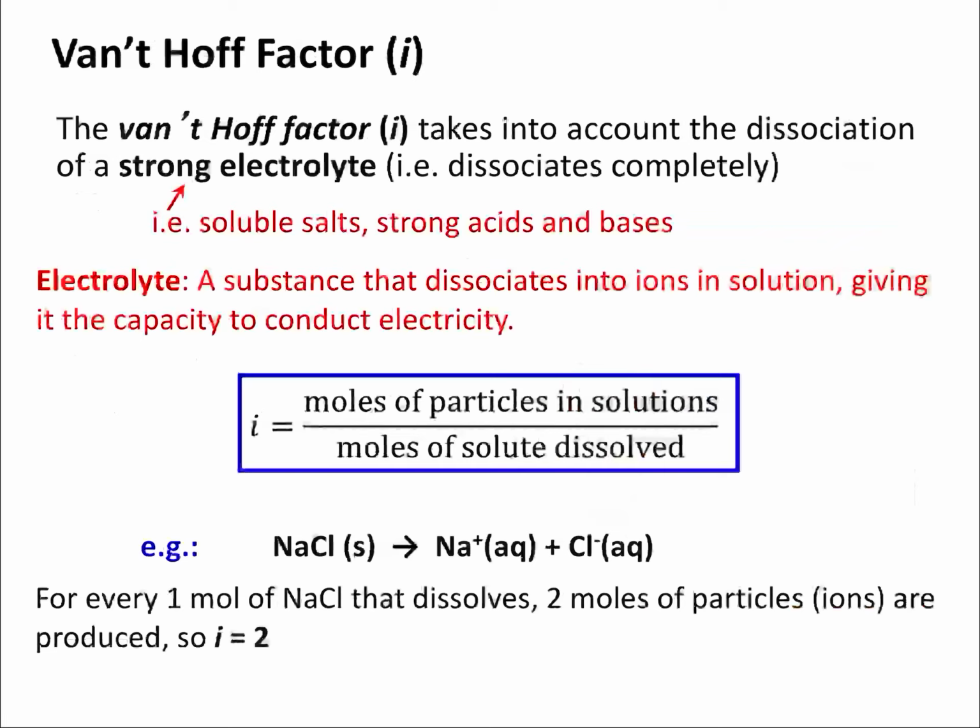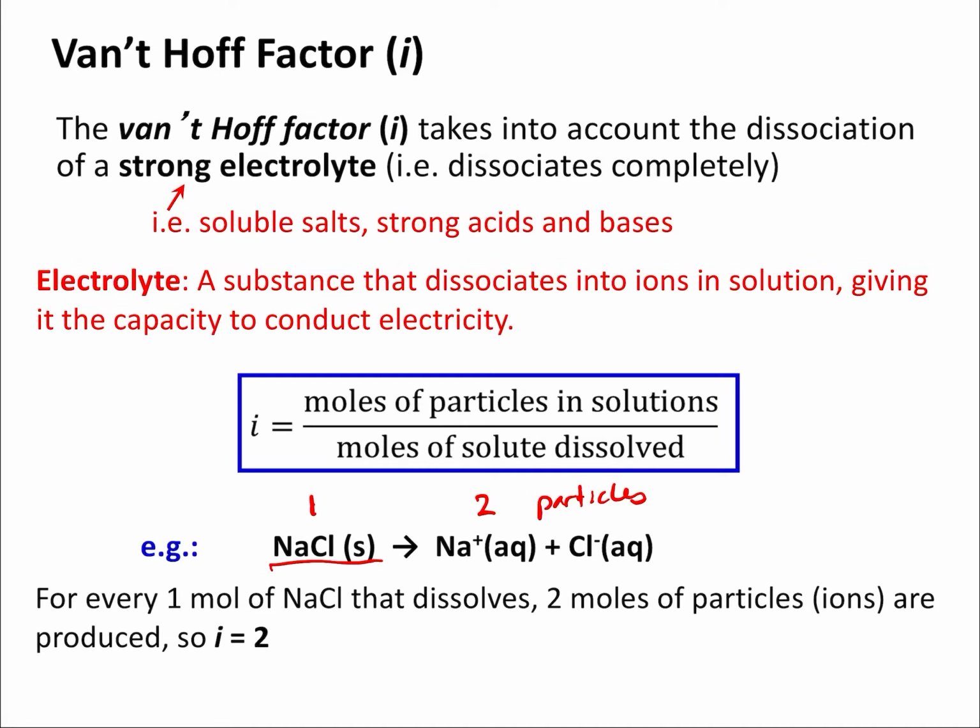The Van 't Hoff factor is something that we have to take into consideration. What this does is it accounts for the fact that some particles, when you dissolve them in water, for example, will dissociate and give you more solute particles than there were formula units that you dissolved. So sodium chloride, for example, if you put it in water and it completely dissociates, one formula unit will break into 2 particles, 1 Na plus, 1 Cl minus.